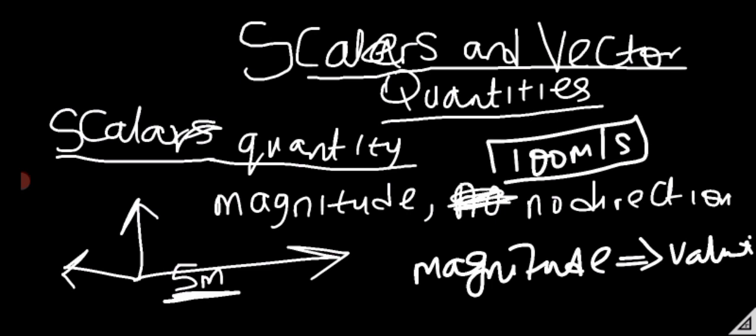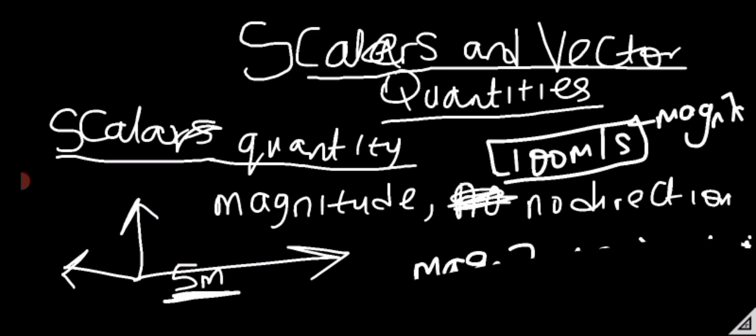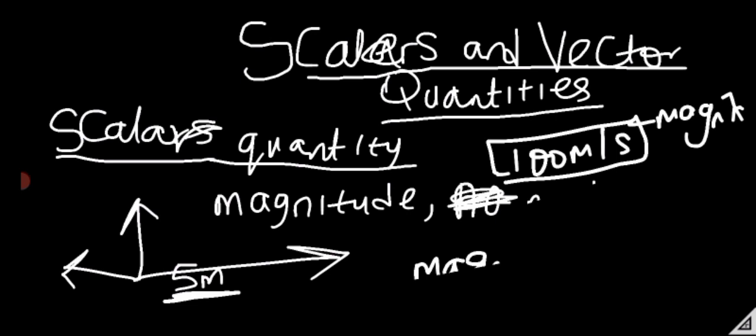That 100 meters per second is what? The magnitude. That is the value. So those quantity which have magnitude but no direction are called what? Scalar quantity.